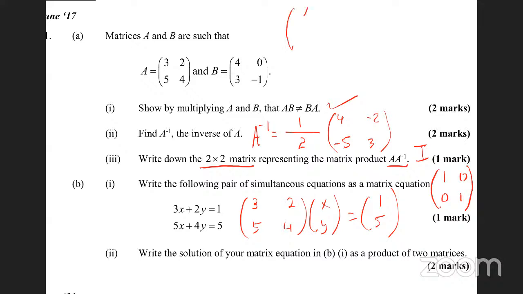How do you obtain the solution for X, Y? Yeah, A inverse by B. And we already have A inverse: a half of 4, minus 2, minus 5, 3. And you're multiplying that by B, which is 1, 5. I know the question did not ask for it, but work it out for me now, please. Multiply it out, and tell me what you get for X and Y.